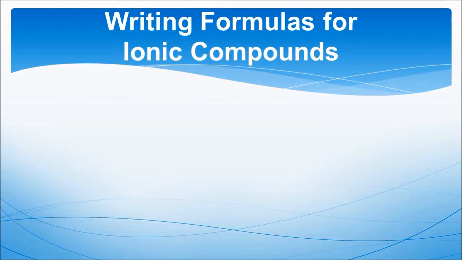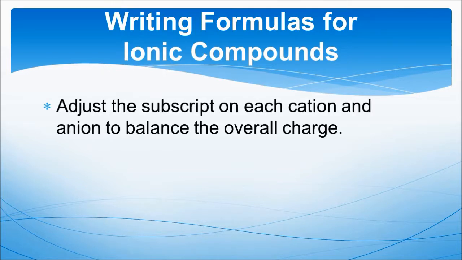Once you have written the symbols of the elements, you then adjust the subscript of each cation and anion to balance the overall charge. Therefore, calcium has a plus 2 charge and oxygen has a minus 2. This one is already balanced.